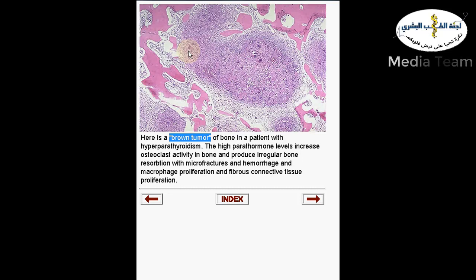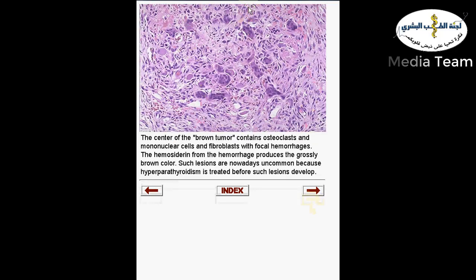In long-standing cases, we even have fibrous connective tissue proliferation between the osteoclasts. This is a higher magnification. The osteoclasts are smaller in size in comparison to the giant cell tumor, and they are of variable sizes, in nodules with hemorrhage and hemosiderin deposition.